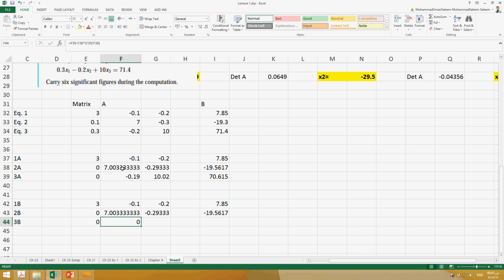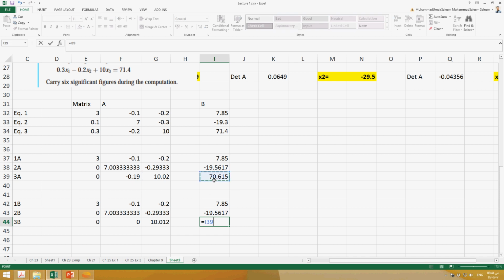And whatever operation you have done here, also do the same operation on these as well. For example, this should be equal to 10.02 multiplied by minus this cell multiplied by this cell divided by this cell, so 10.012, and the same thing you should do here.